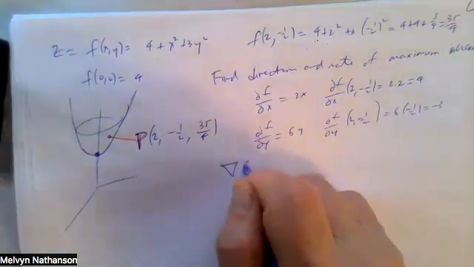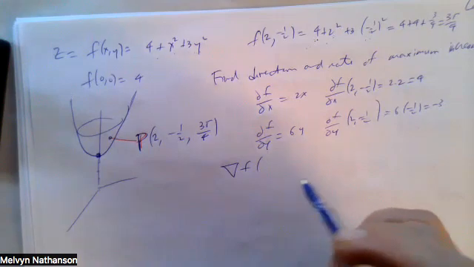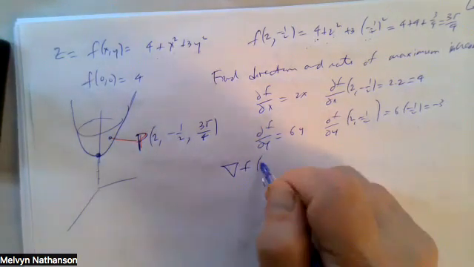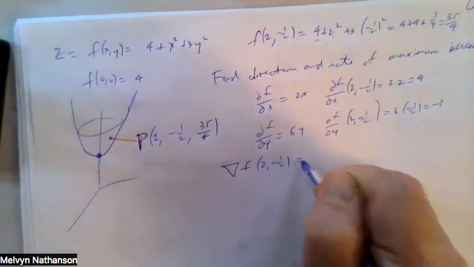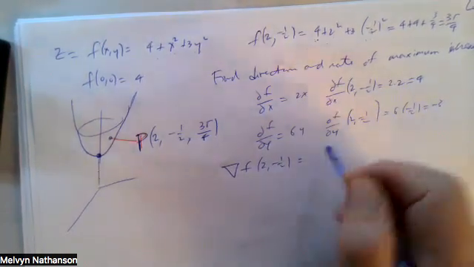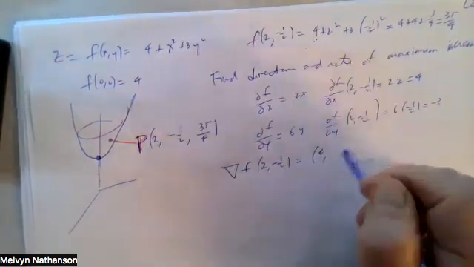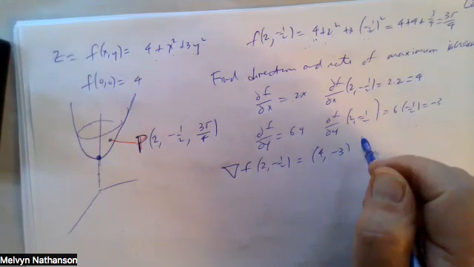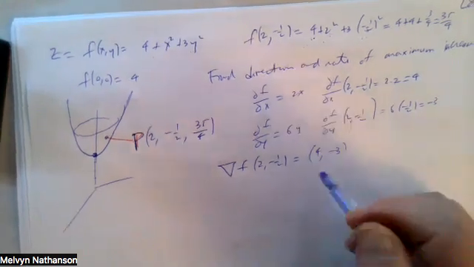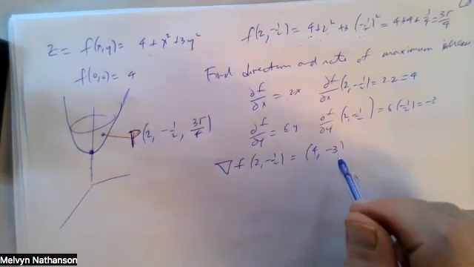So the gradient of f at the point (2, minus a half) is (4, minus 3).